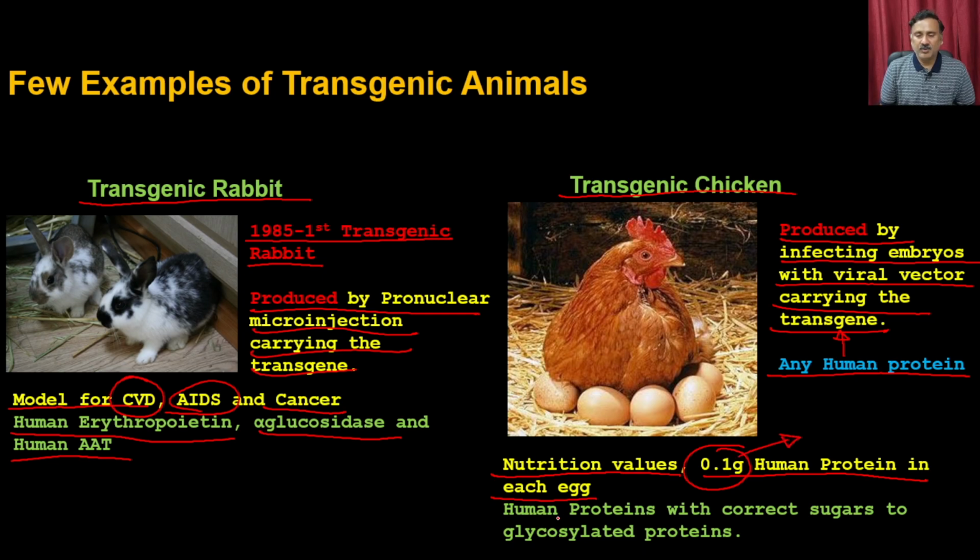Another advantage is that the human protein is produced with the correct sugar glycosylation pattern. Glycosylation is very important for using these proteins in subsequent steps, for example if you would like to use the protein as vaccine material or as a therapeutic supplement, right. So, this is the transgenic chicken.